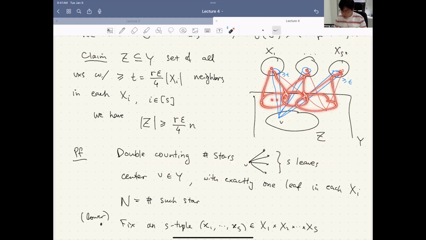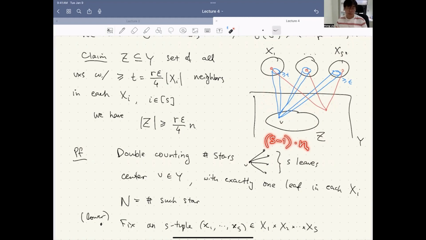You sum the degrees as a multiset. Then the quantity that exceeds (s-1) times n is a lower bound on the common neighbors of x1 to xs.